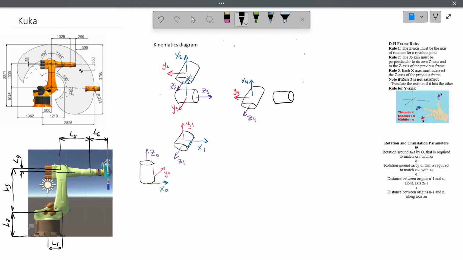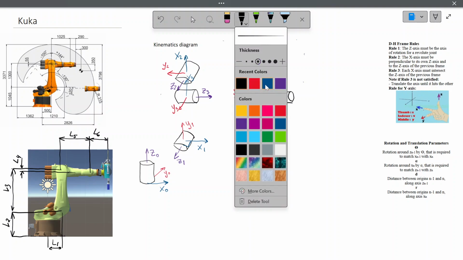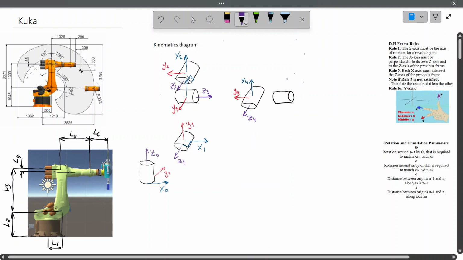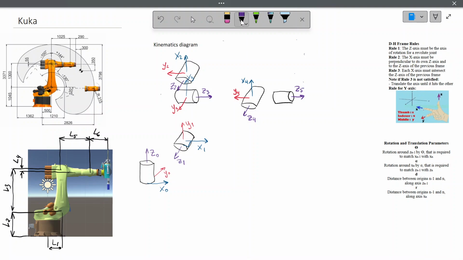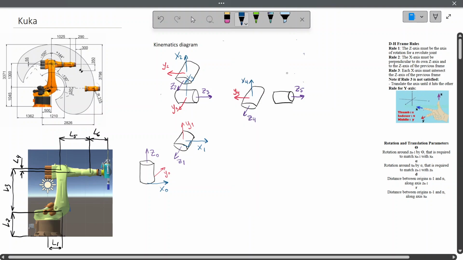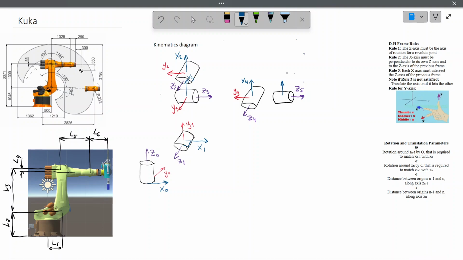the end effector joint. So here we again start from the z-axis, the axis of rotation, z5. Next we go to the x-axis. Again, if we draw this one, x up, it's perpendicular to this, but does not intersect this. If we draw this way, it's perpendicular to this, but they are parallel to each other.